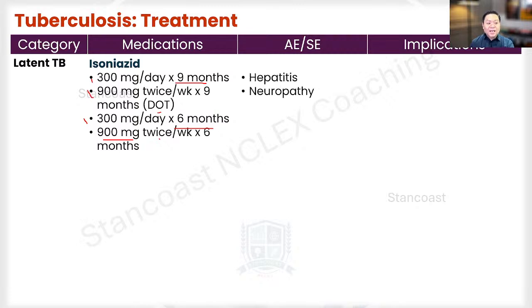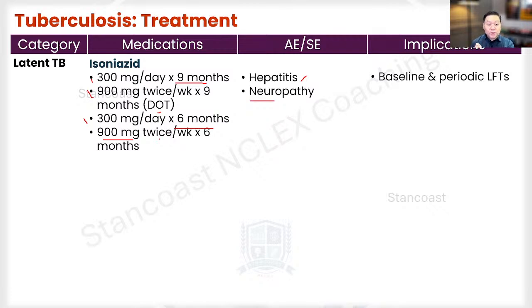Now, again, because isoniazid is really hepatotoxic, we're going to have to watch the patient for hepatitis and for neuropathy. Again, what would be our nursing management here? We're going to have to obtain baseline information of the liver function, and also check the liver function periodically every 2 to 4 weeks.